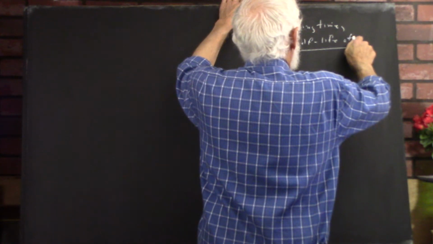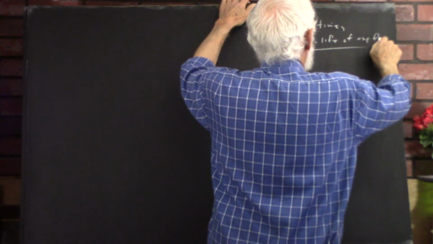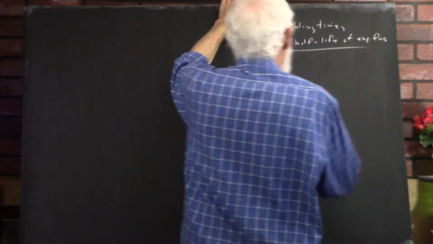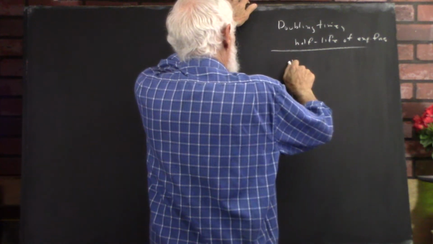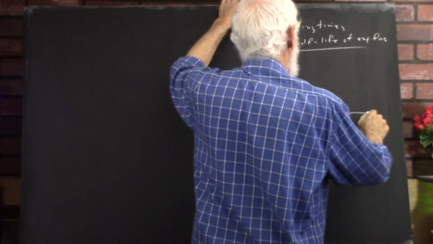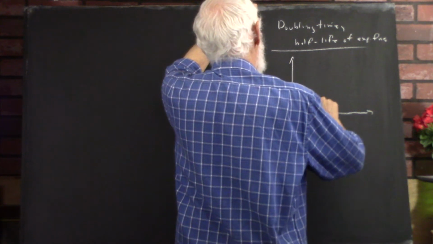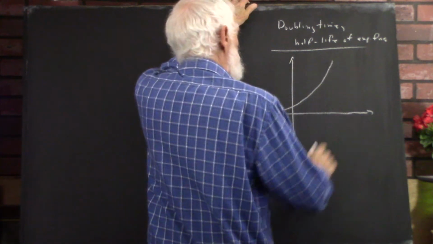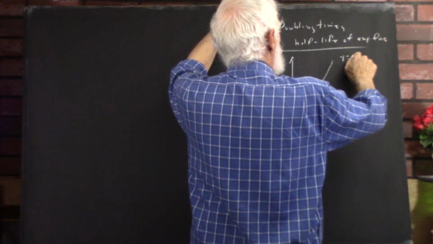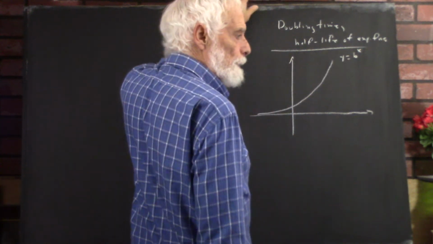So we're looking at doubling time and half-life of exponential functions. If I have the graph of an exponential function, it could be y equals b to the x.